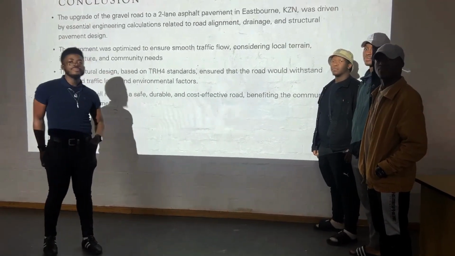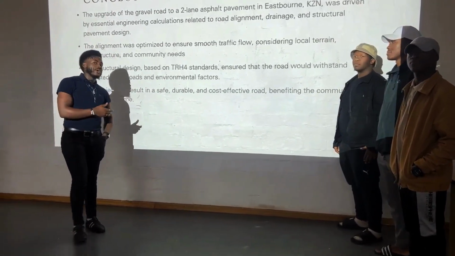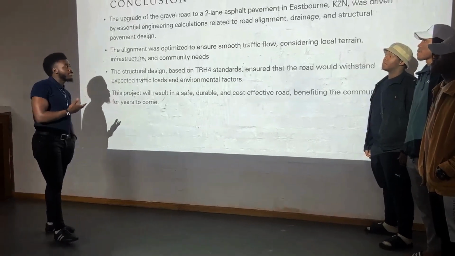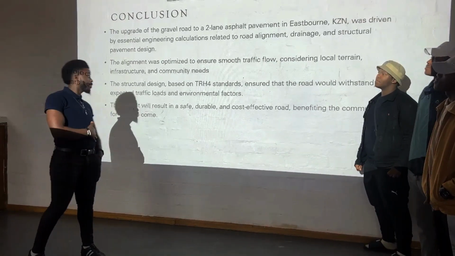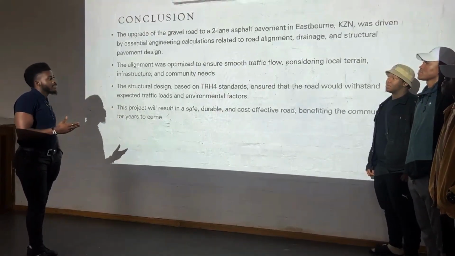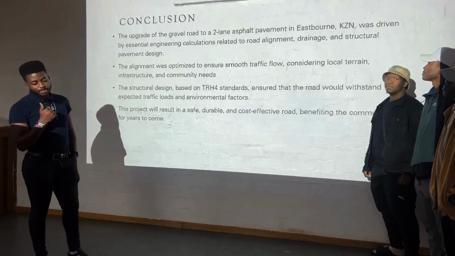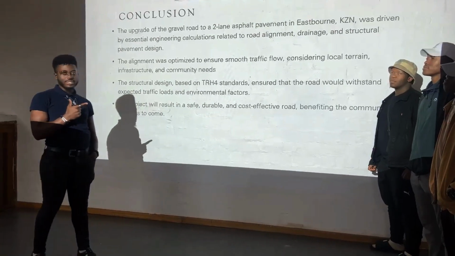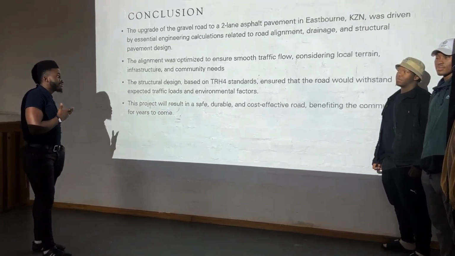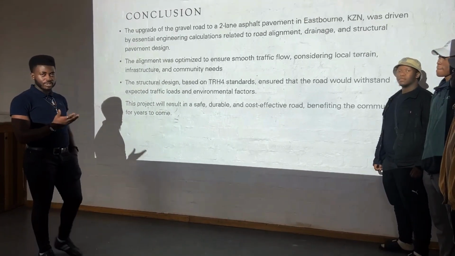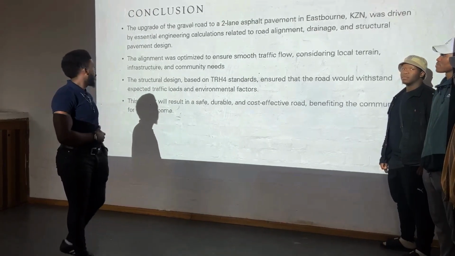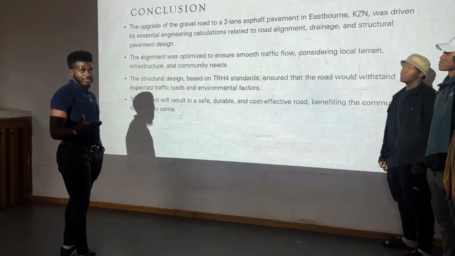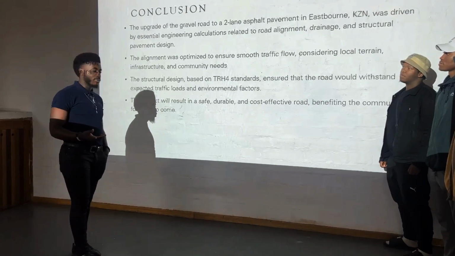So in conclusion, for this project, the upgrade of the gravel road to a 2-lane pavement in Eastbourne, KwaZulu-Natal, was driven by essential engineering calculations to ensure perfect alignment and perfect structural design. This alignment was optimized to ensure smooth traffic, considering the local terrain of the environment, the infrastructure and the needs of the community in that area of Eastbourne.